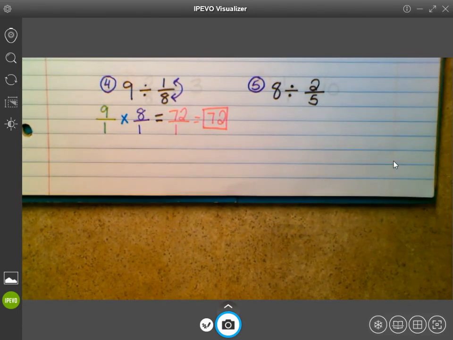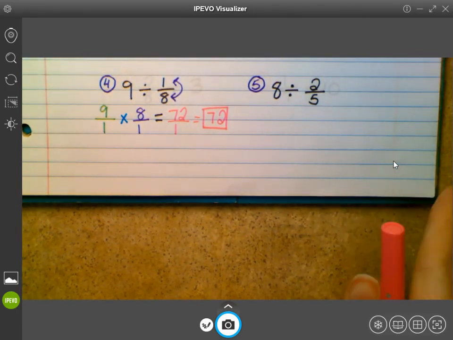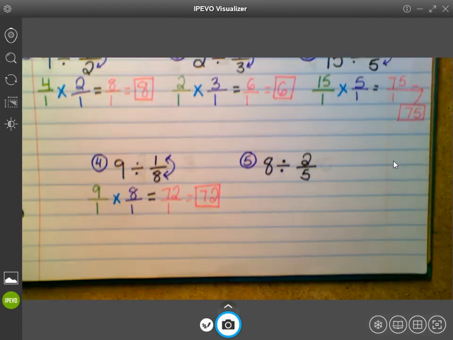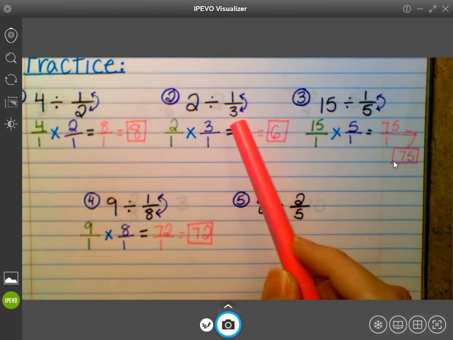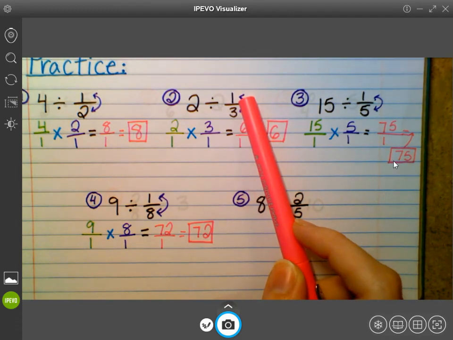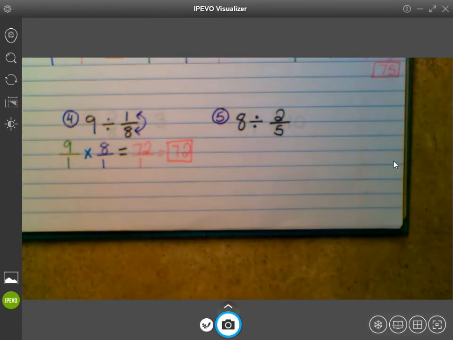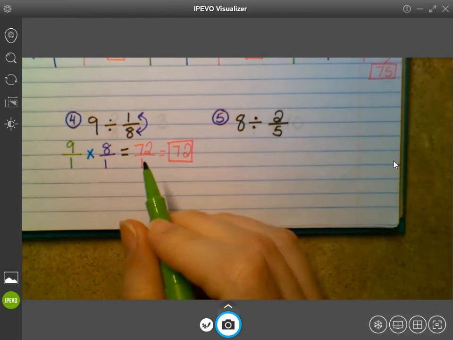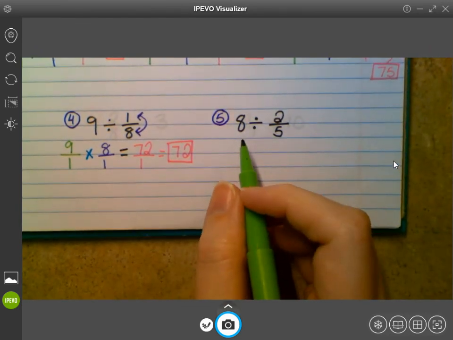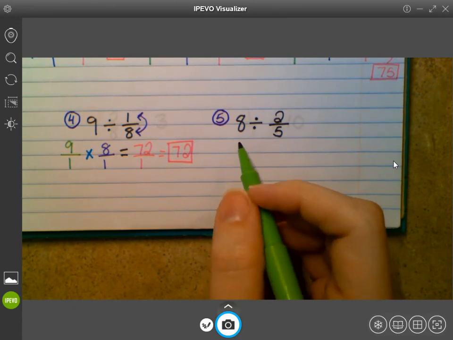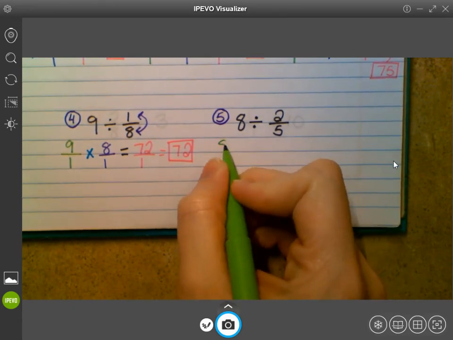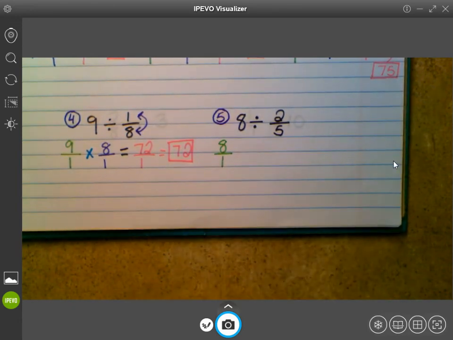Nice work. And then finally number 5. Now this one was a little different because unlike the other ones, I didn't start with a fraction with 1 as my numerator. So for number 5, I have the whole number 8 that needs to be converted into a fraction. So 8 is the same as 8 over 1.